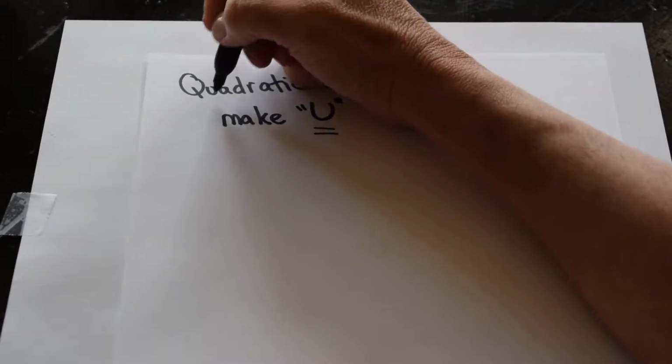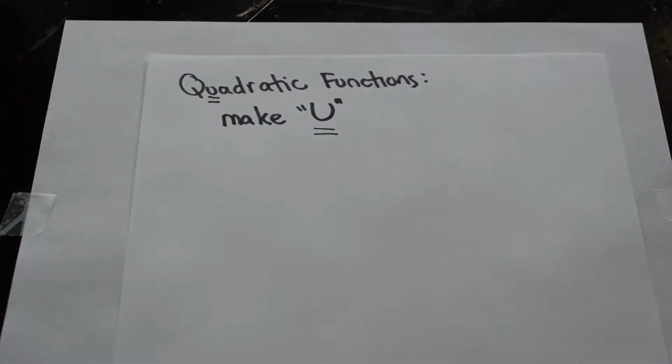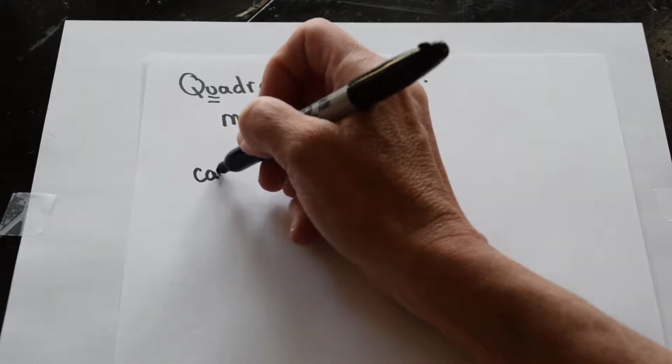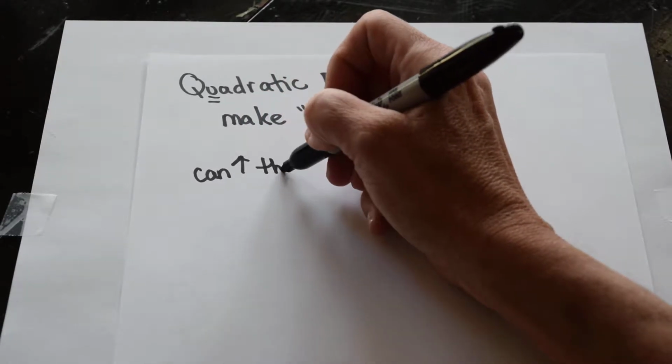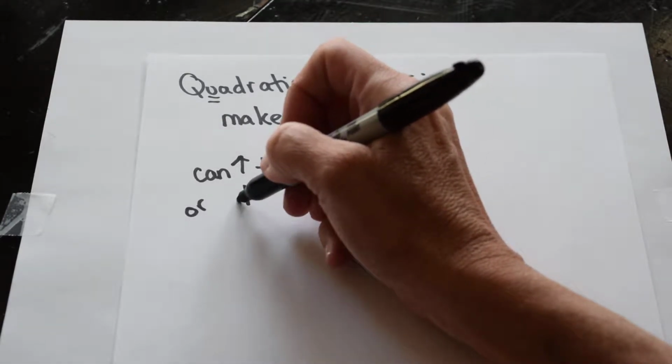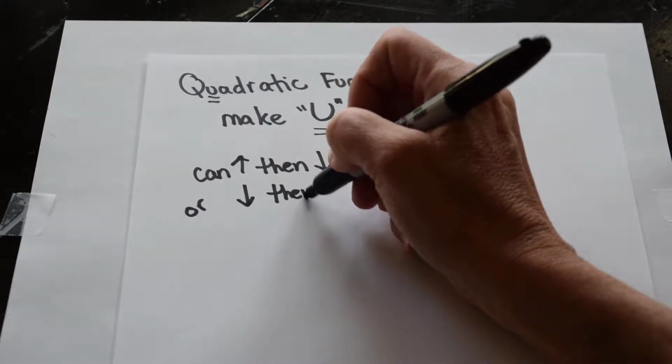It's a U, and lo and behold, there's a U in quadratic. So U, quadratic. It can increase, then decrease, or it will decrease, then increase.